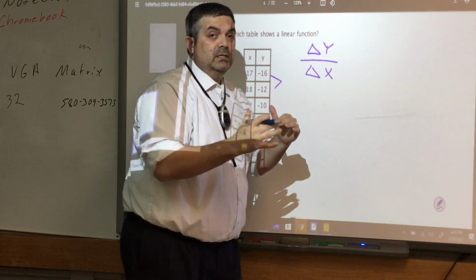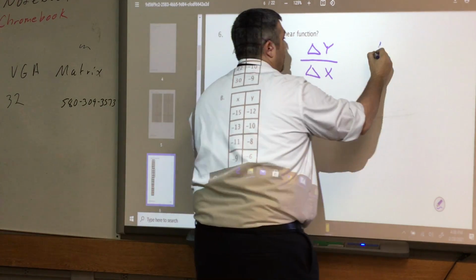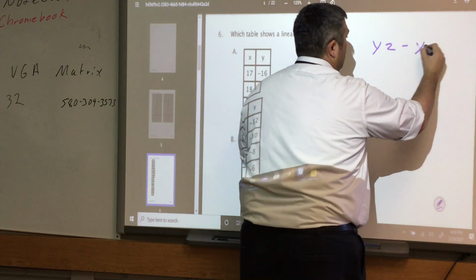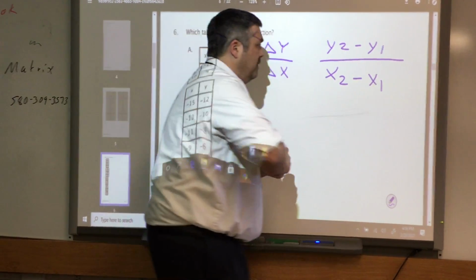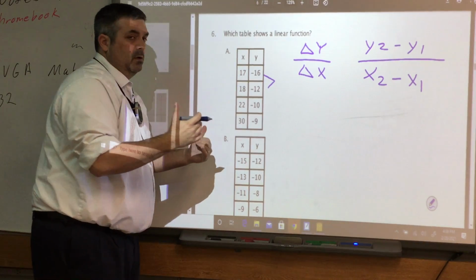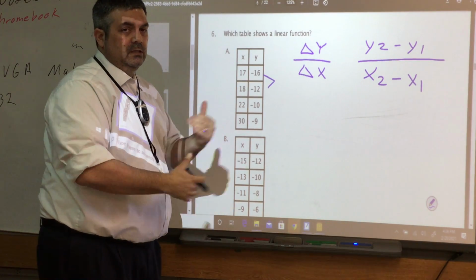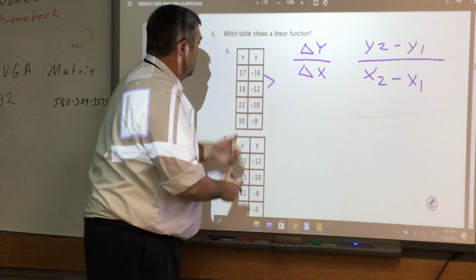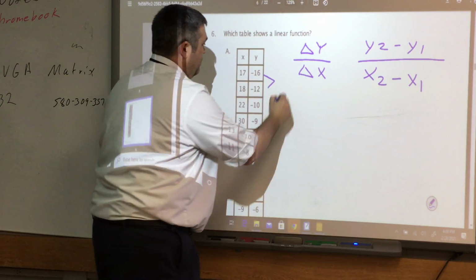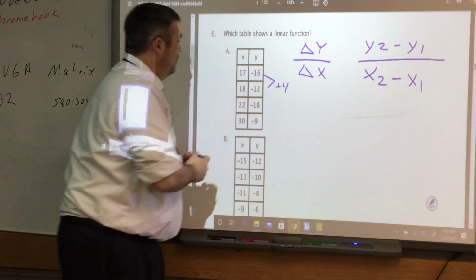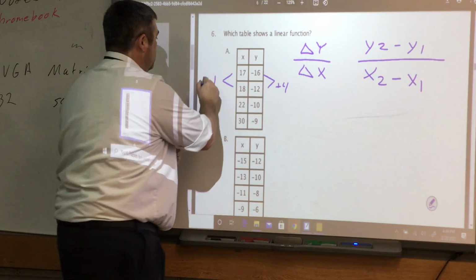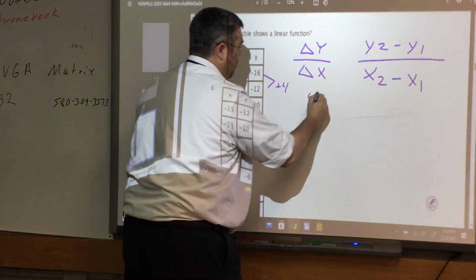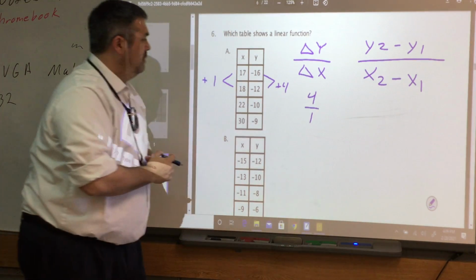It really is just the slope formula: y2 minus y1 over x2 minus x1. And if you'll notice, all I'm doing is subtracting it out to see what's happening here. The change in these is +4, the change in these is +1. So I've got 4 over 1. That's what I'm looking for.